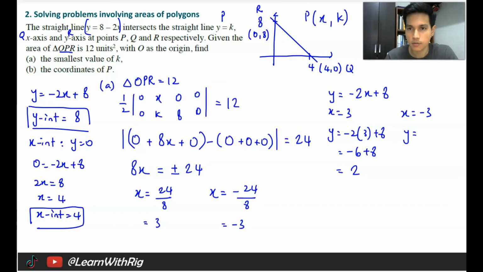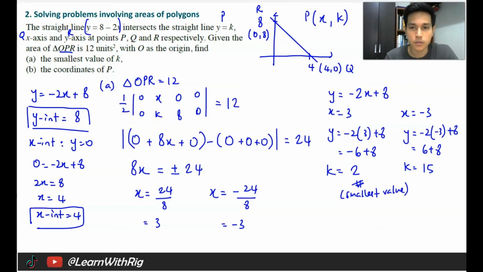Then y equals negative 2 times negative 3 plus 8, equals 6 plus 8, 15. So you got two values of y. Remember, y equals k, so k equals 2 or k equals 15. The smallest value of k would be 2, because it's obviously smaller than 15.